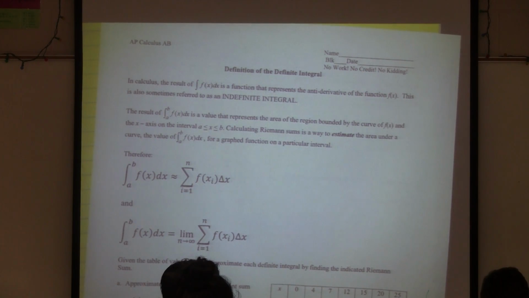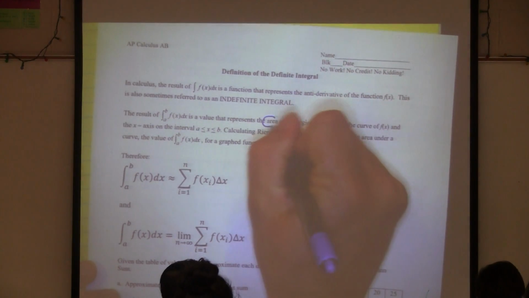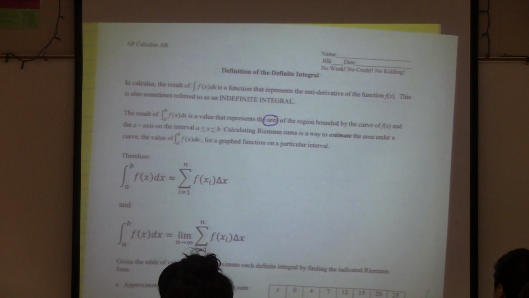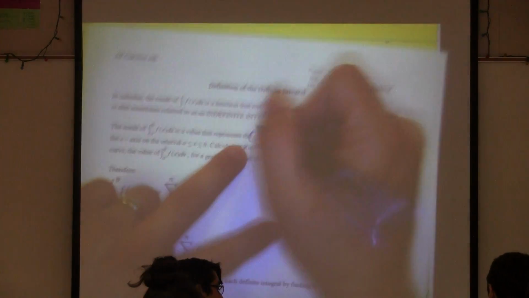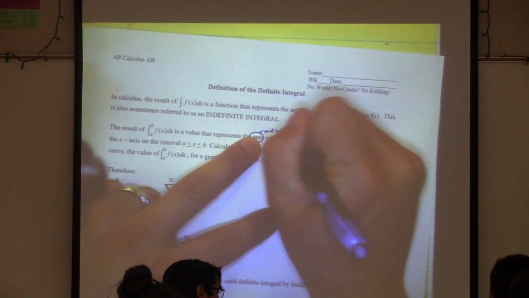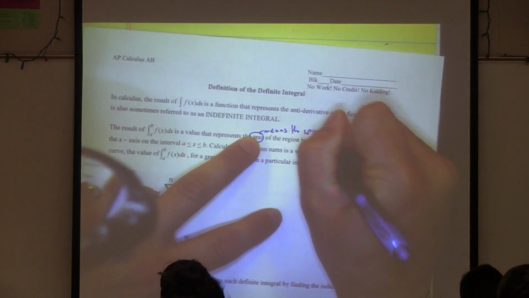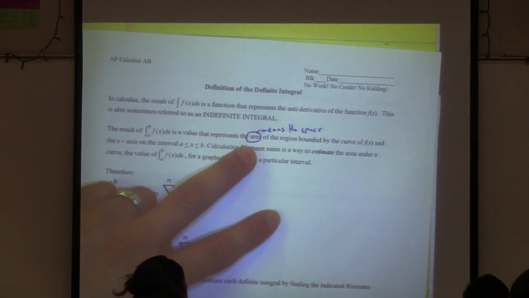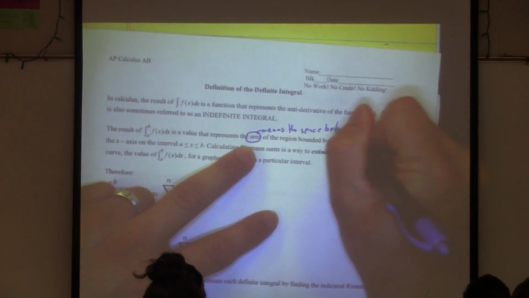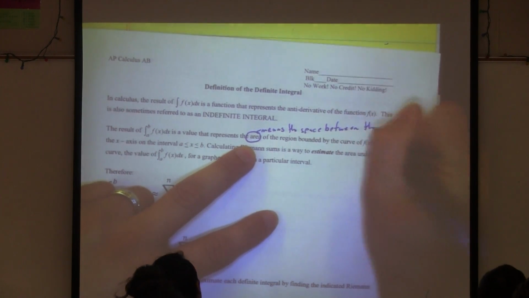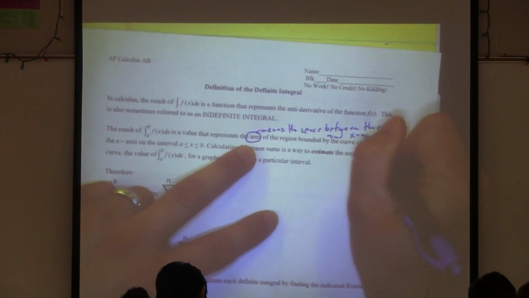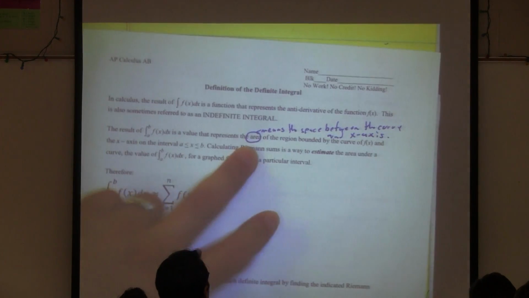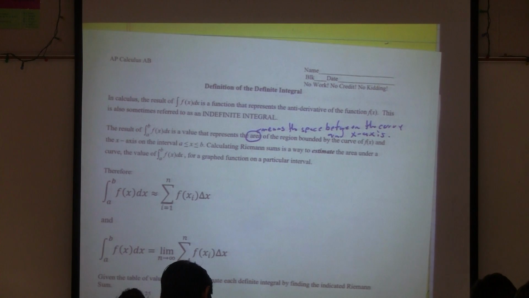Now this word here, area, is kind of misleading. Okay, so I don't want you to think of area as the way we normally think of area in geometry, but I want you to think of it as the space between the curve and the x-axis from a to b.